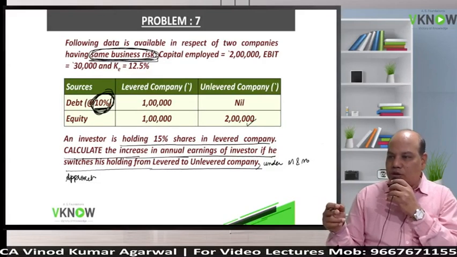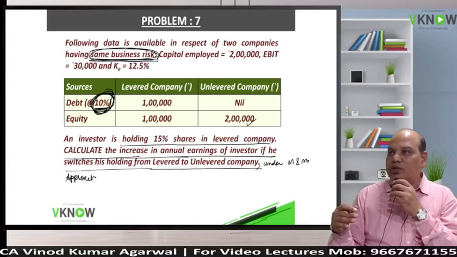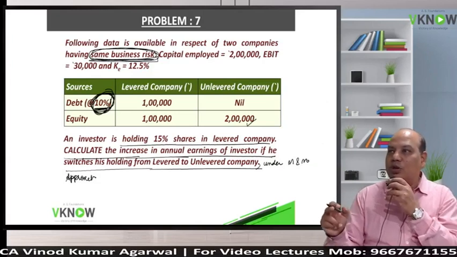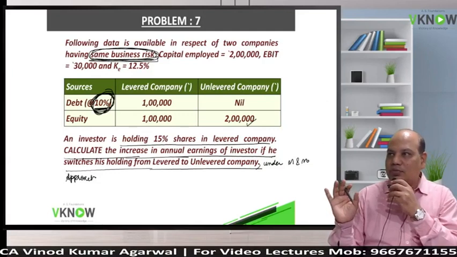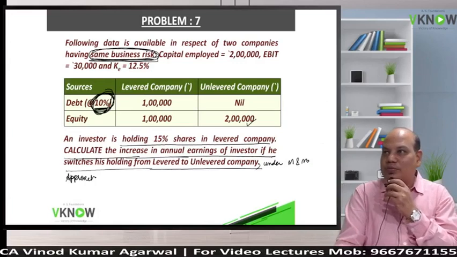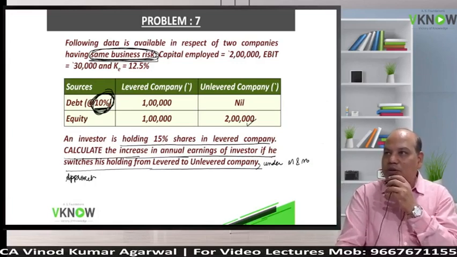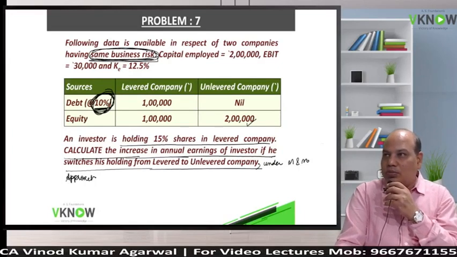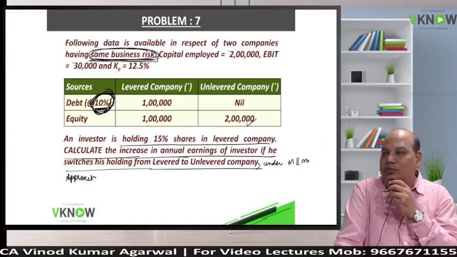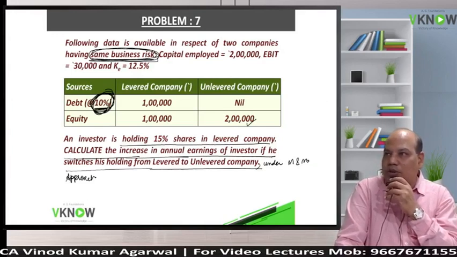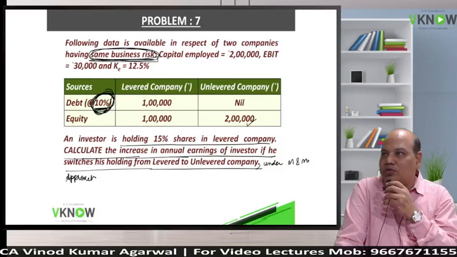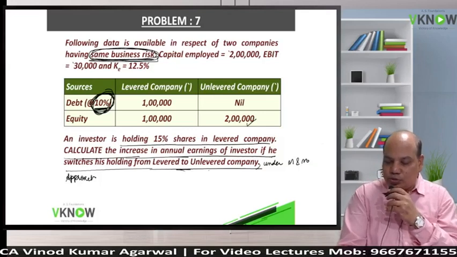If their values are not the same, then investors will substitute corporate leverage for personal leverage. They can borrow at the same rate at which the company borrows, and they will borrow in the same ratio, and therefore by buying shares of the undervalued company and selling shares of the overvalued company, they will be able to make extra gain, and that is what we have to prove here.